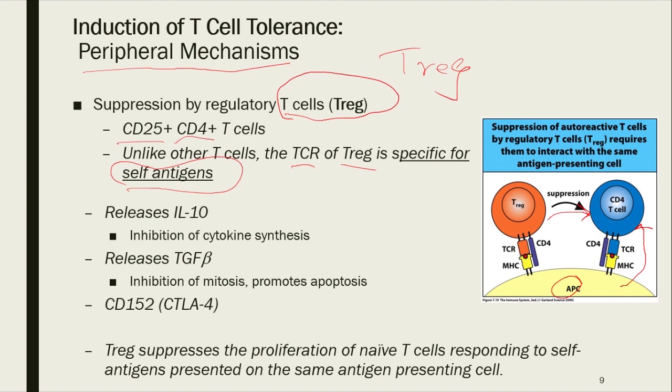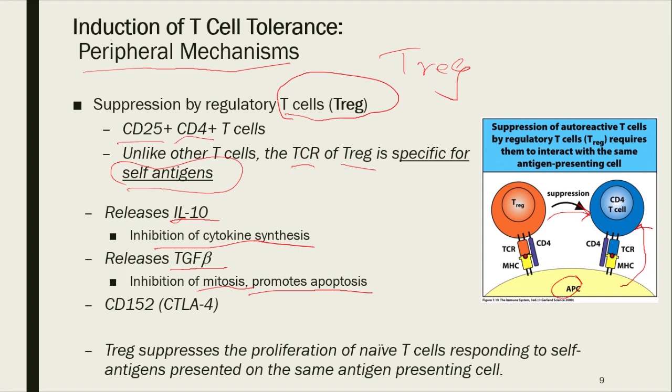So here we're in the periphery, and you have some reactive CD4 T cells binding to self-peptide, but the Treg cell is doing the checking by releasing IL-10, which inhibits cytokine synthesis, and also releasing TGF beta, which inhibits mitosis and promotes apoptosis of those self-reactive T cells.